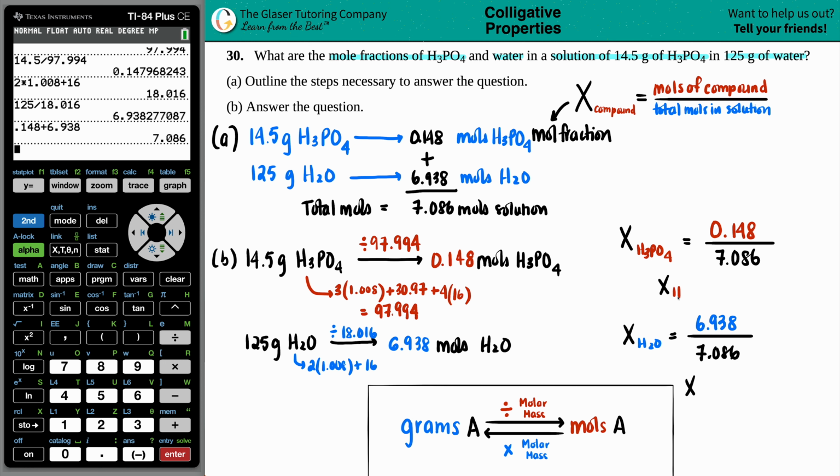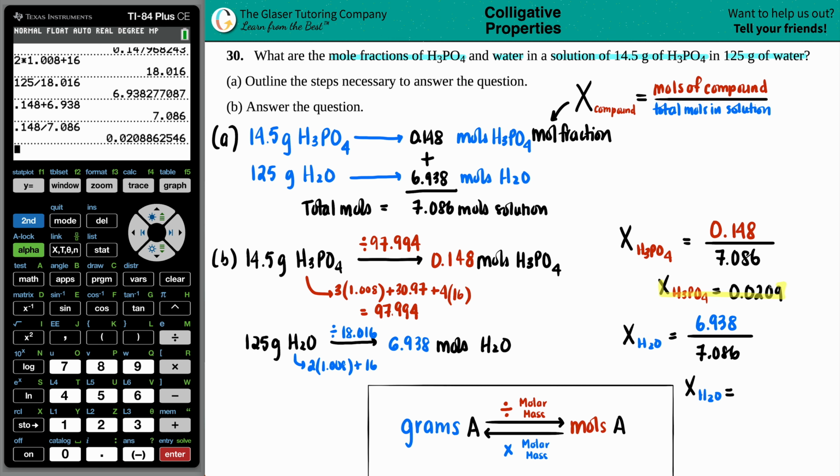So let's find out what those mole fractions are, for H3PO4 and H2O. And here we go. 0.148 divided by that answer. And I guess 3 sig figs: 0.0209. And just know that mole fraction has no units. It's just like a fraction value.